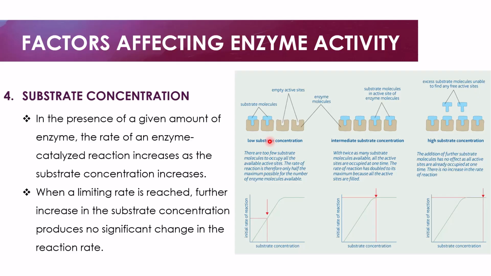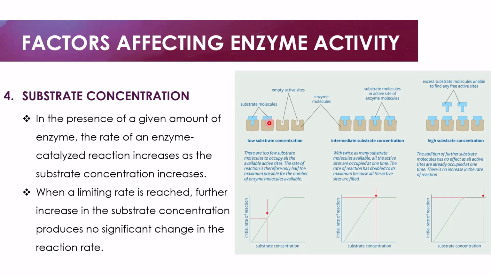So at low substrate concentration, we have excess enzyme molecules in solution with limited substrate molecules. So as you can see over here, we have excess enzyme molecules in solution with limited substrate molecules over here.